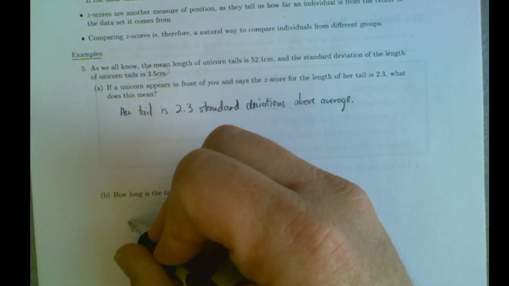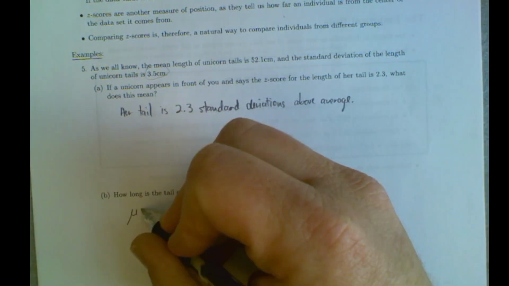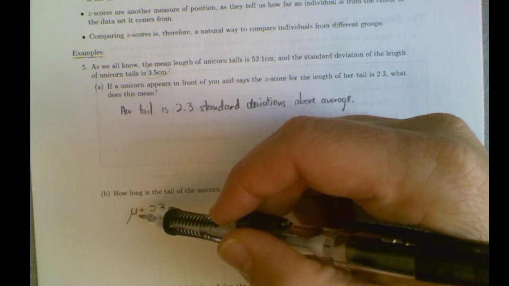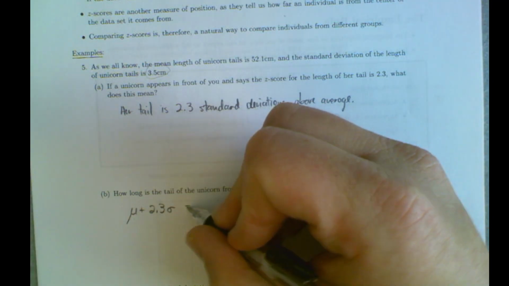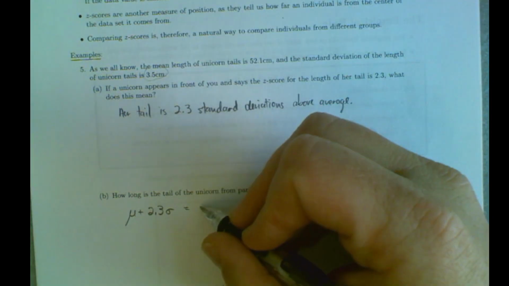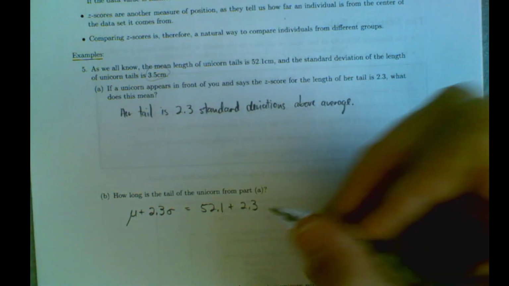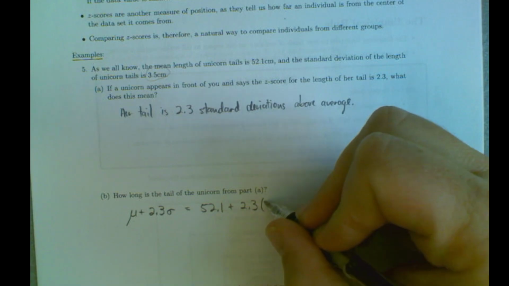It says, how long is the tail of the unicorn from part A? Well, her tail would be the mean plus 2.3 standard deviations more than that, right? 2.3 standard deviations above the mean. So we're going to take the mean and add 2.3 standard deviations. In this case, again, the mean was 52.1, and the standard deviation was 3.5.